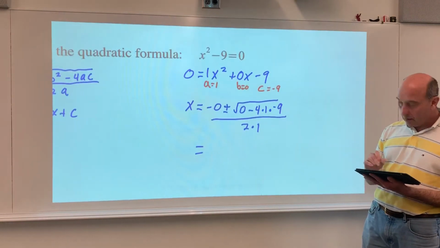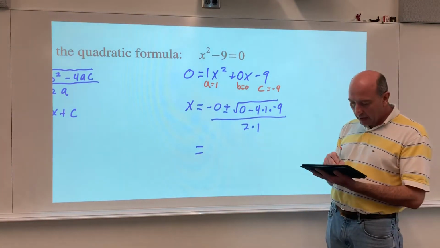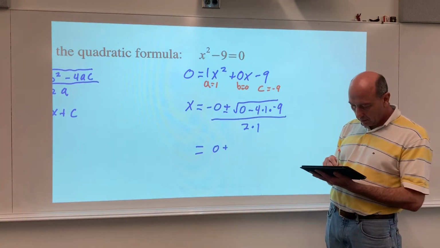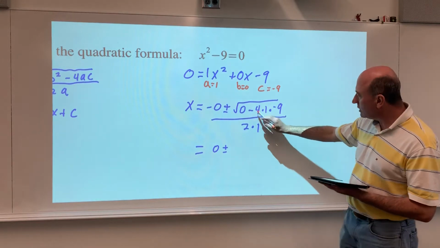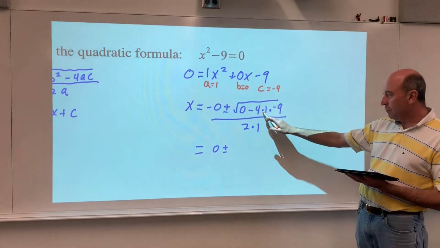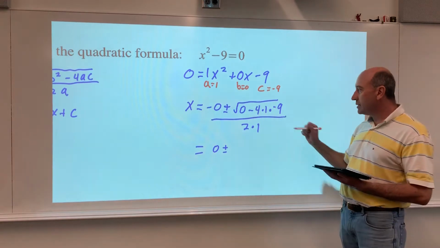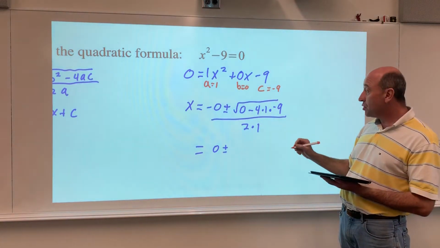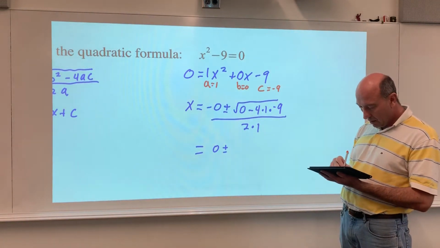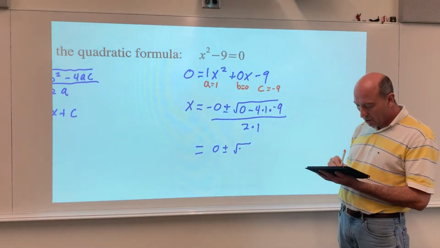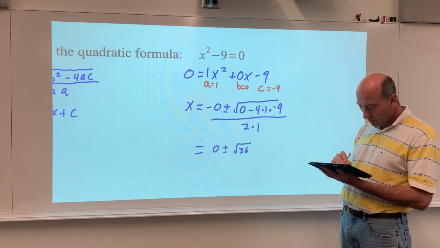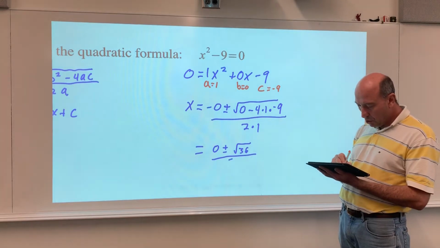Okay. Negative 0 is the same as 0. Negative 4 times 1 is negative 4. Negative 4 times negative 9 is positive 36. So now we have 0 plus 36, which is just 36, all over 2.